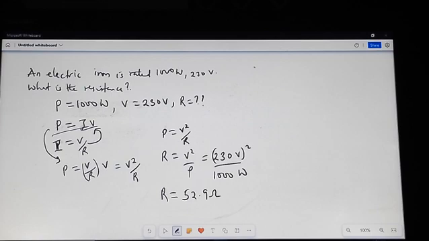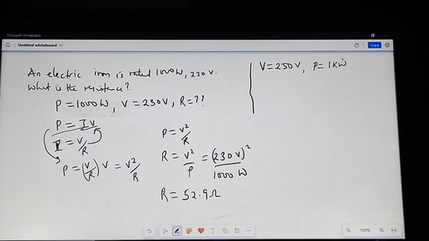I have another question that tells you that when connected to a mains of 250 volts, the fuse rating in the plug of an electric device is 1 kilowatt. So our P is 1 kilowatt.